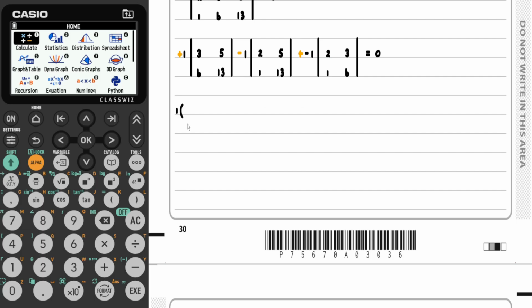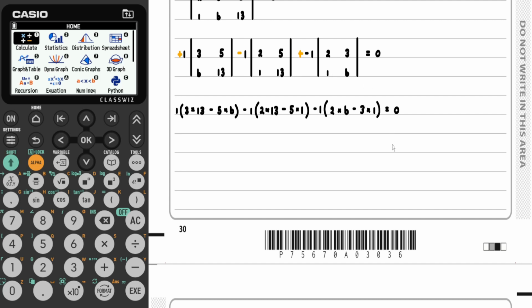So I've got 1 multiplied by, now here I've got 3 times 13, subtract 5 times b. Then here I've got negative 1, multiplied by 2 times 13, take away 5 times 1. And then I've got negative 1 multiplied by 2 times b, subtract 3 times 1.